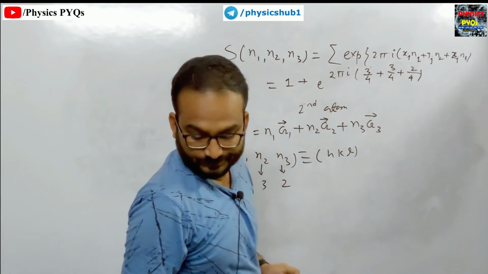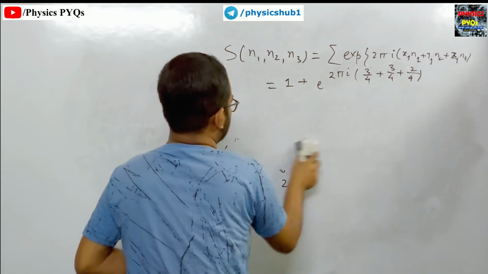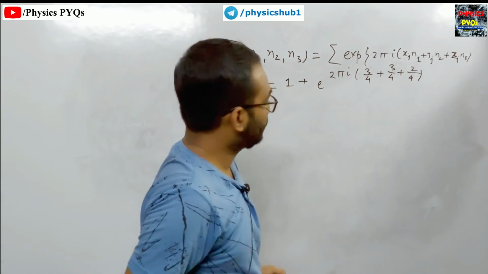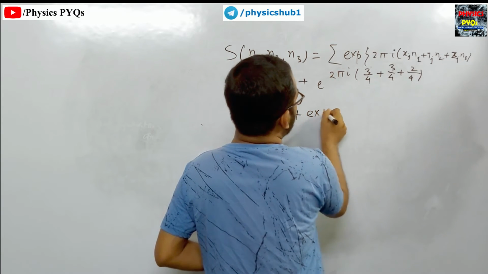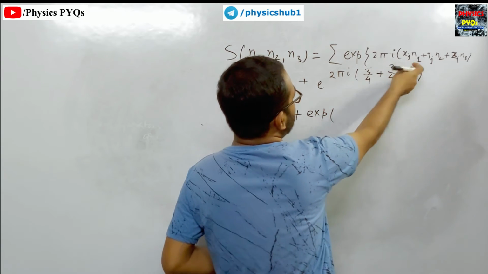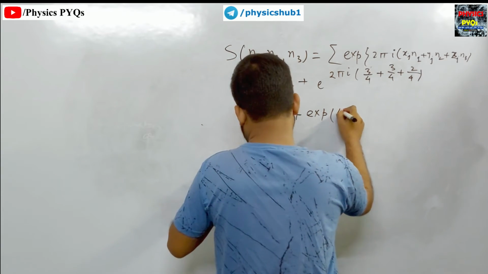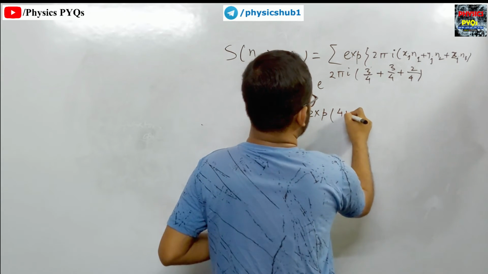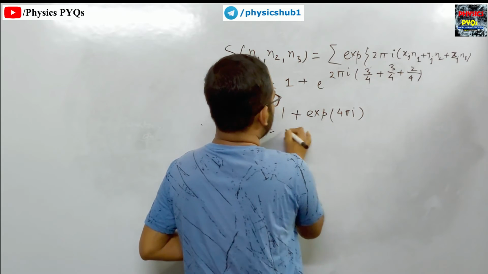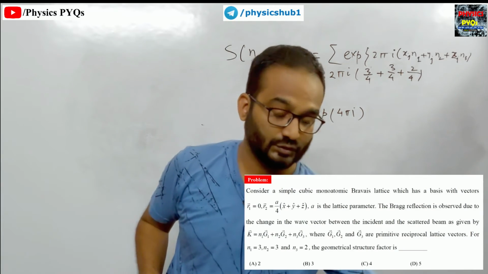So this equals 1 plus exponential of 8 by 4 times pi i, which is 4 pi i. And what is this value? This value is 1, so 1 plus 1 is 2. So the factor is coming out to be 2.